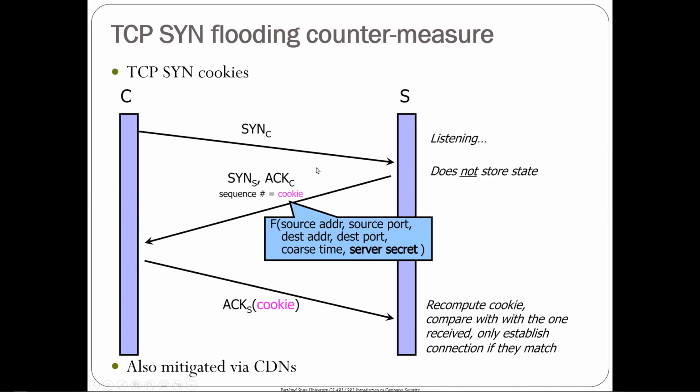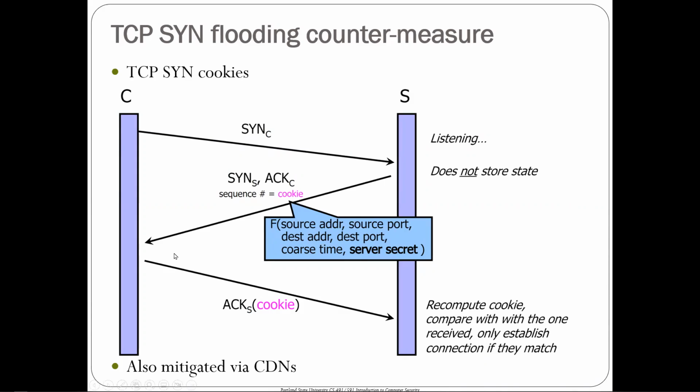Instead, the acknowledgement and the sequence number used from the server back to the client is some hash of the initial source address, source port, destination address, and destination port, some time number, like an incremental time counter, and a server secret. In this way, the server is basically signing a cookie without keeping track of this tuple.